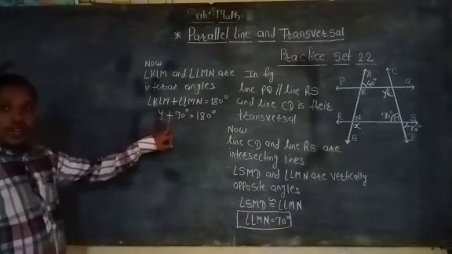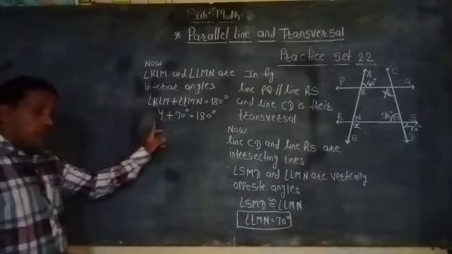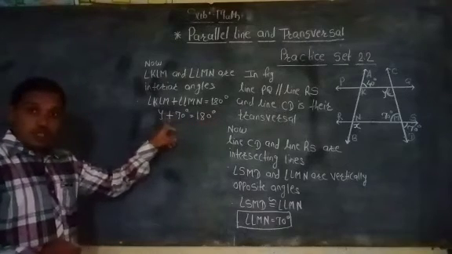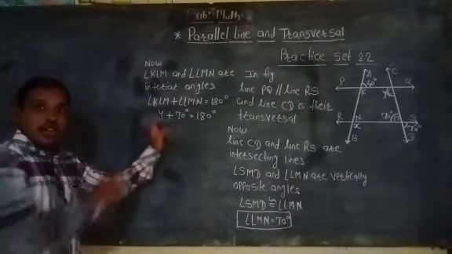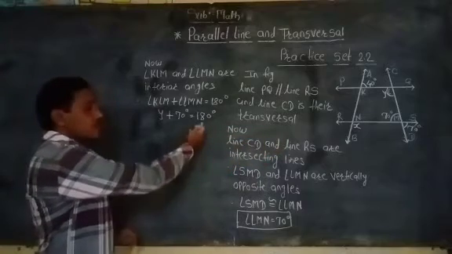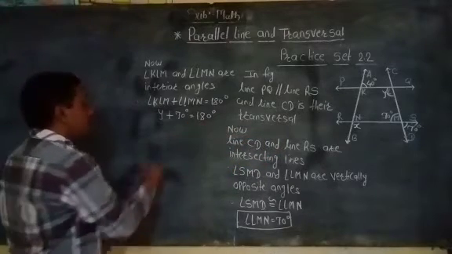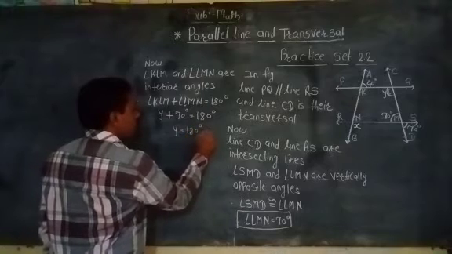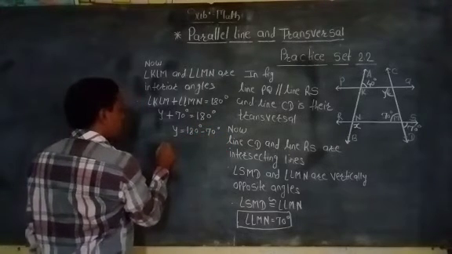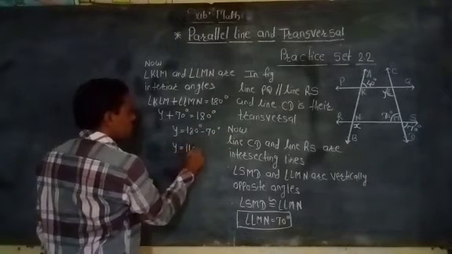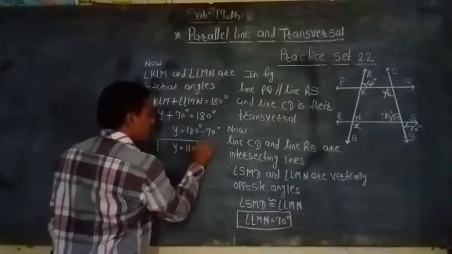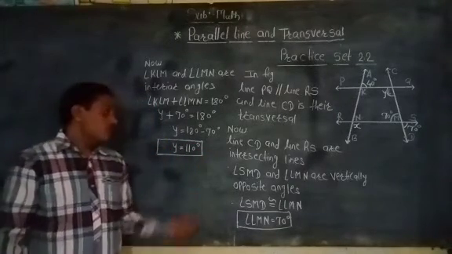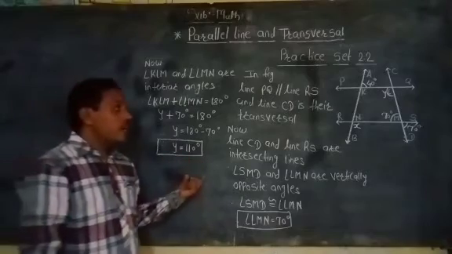The 70 added to y on the left-hand side goes to the right-hand side and is subtracted from 180. Therefore y is equal to 180 minus 70 degrees. Therefore y is equal to 110 degrees. So the value of the variable y is 110 degrees.